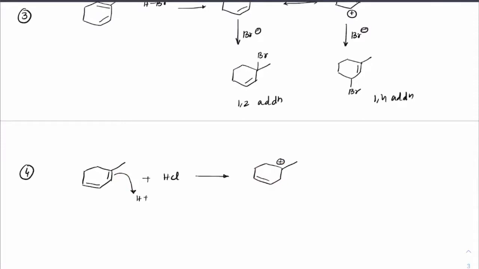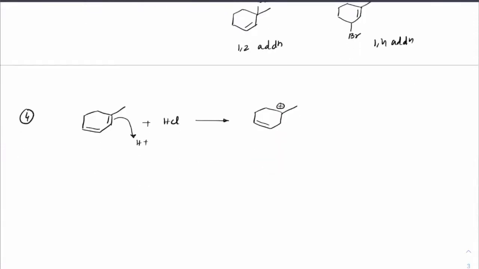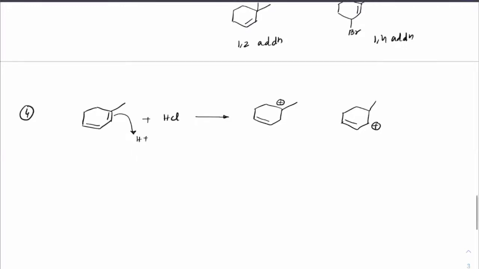So what is the other product you can expect to form? The product which you'll get is this double bond with H getting added here and positive charge forming here. So you can see this is simply a 3 degree carbocation, while if you check here, this is the secondary allyl carbocation. Correct.